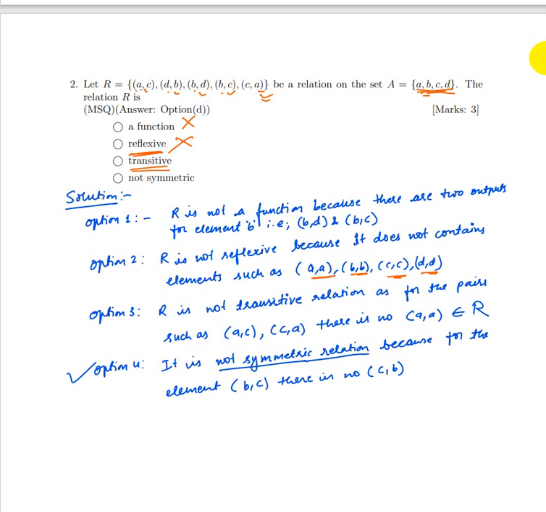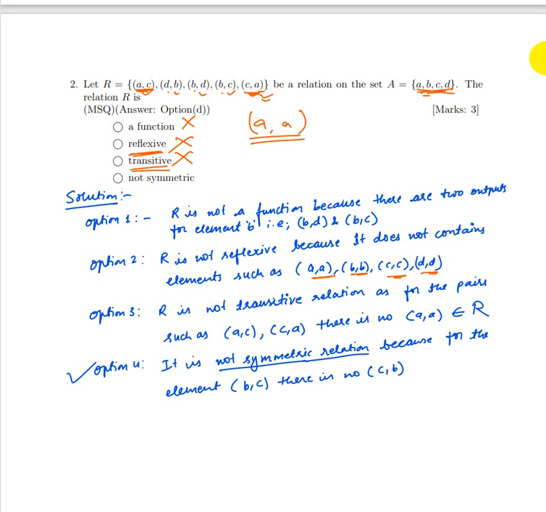There is one pair (A, C) and one pair (C, A), but to make it transitive, the existence of the pair (A, A) is necessary, which is not there. So it's not transitive.